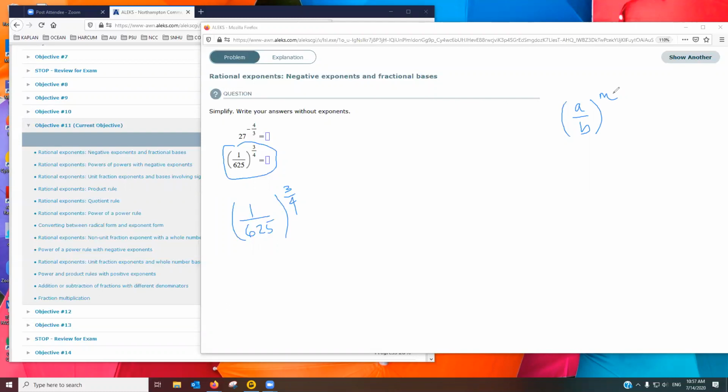Well, the property says if you have a fraction being raised to an exponent, you could take this exponent and apply it separately to the top and the bottom. So usually you see it written as A to the M over B to the M. Well, let me work that out in our example. I'm going to take the exponent 3/4 and apply it top and bottom.